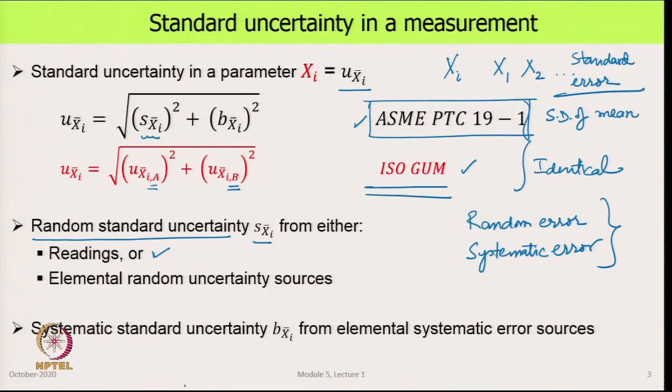The second technique is a little more involved, and it says that the random standard uncertainty is a combination of elemental random uncertainties. That means random errors were coming from several sources which we call the elemental sources of random error.